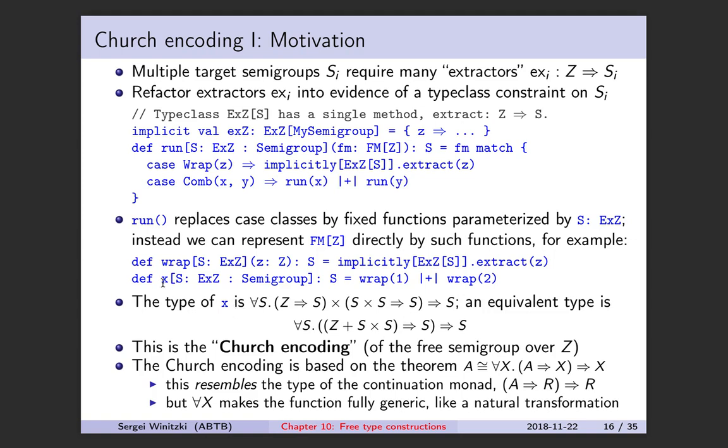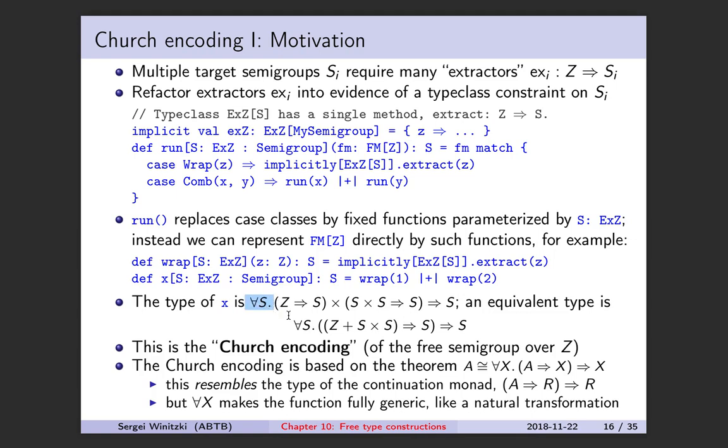Let's look at the type of x explicitly. Let's drop all this syntax. What is the type of x? Well, first of all, it's parameterized by a semigroup type S. And so this is a function that will work for any type S. So let's write it down explicitly as a universal quantifier, which will be read "for all S".